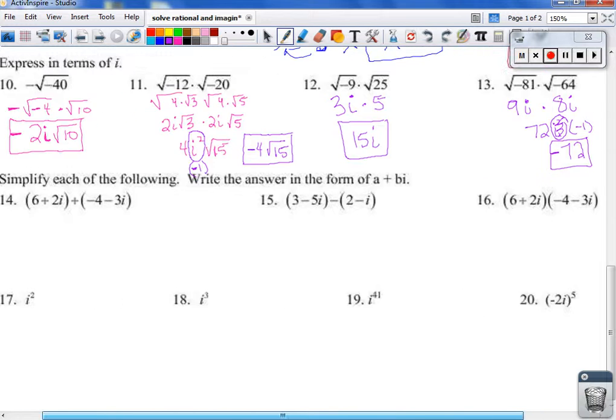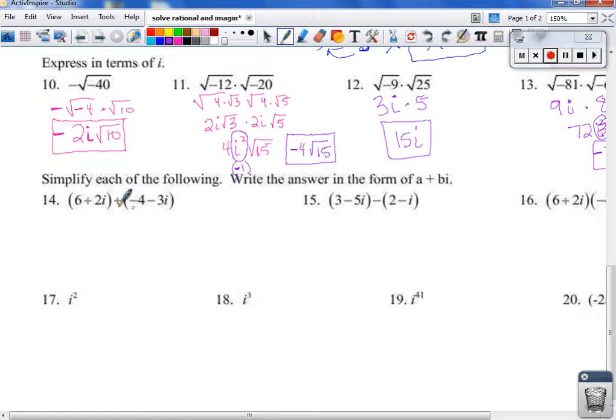And then lastly, some operations with i. Here we are adding, so we're combining like terms. 6 plus negative 4 is positive 2. 2i plus negative 3i, in other words, 2 minus 3 is negative 1i, and you never have to write a 1 in front of a variable or a letter.